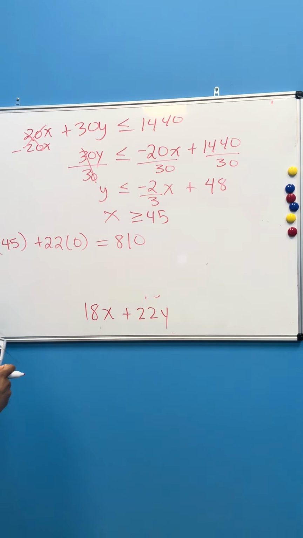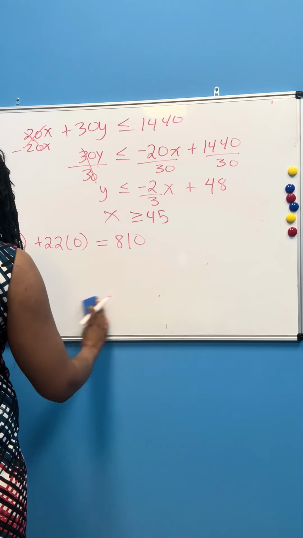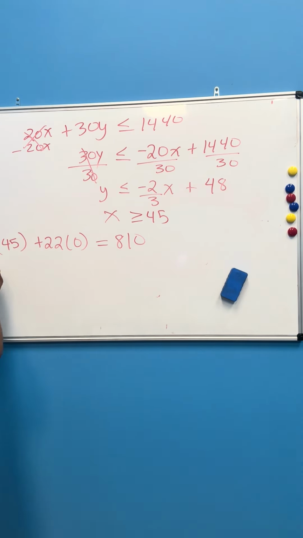So if I make 45 t-shirts and 0 hoodies, that would be one possibility, and I would make $810.